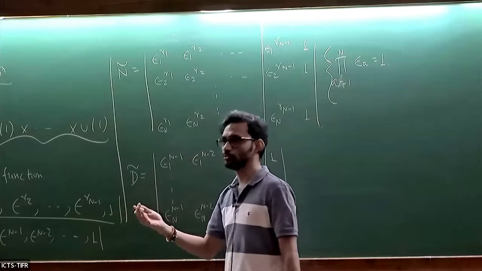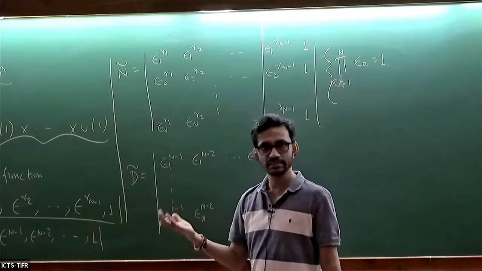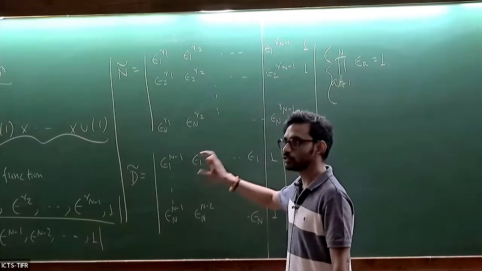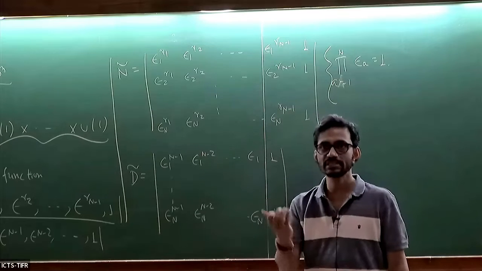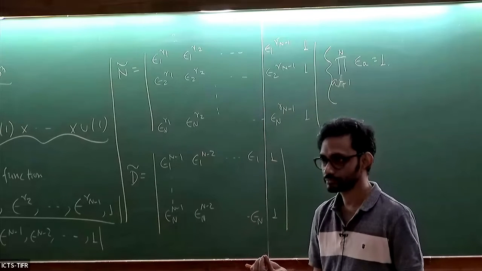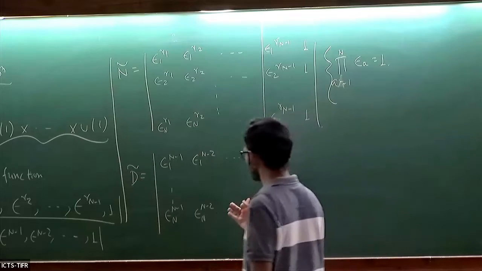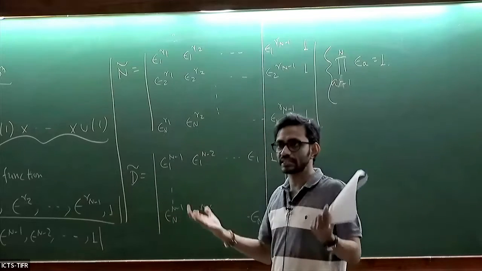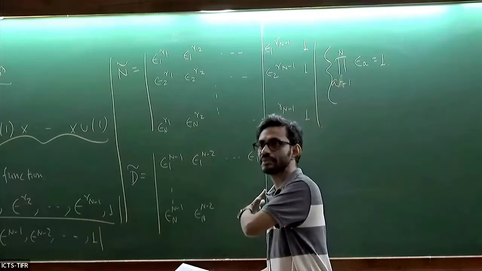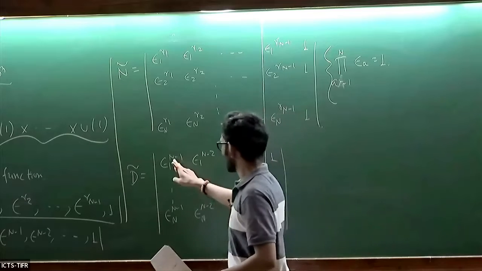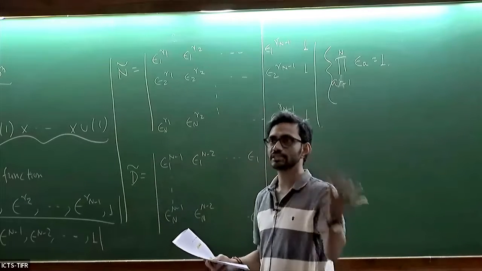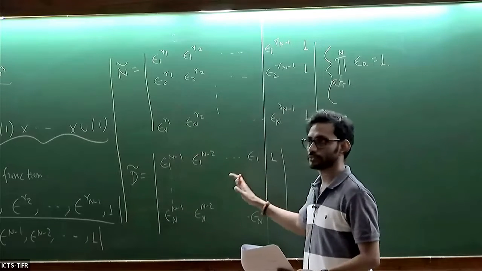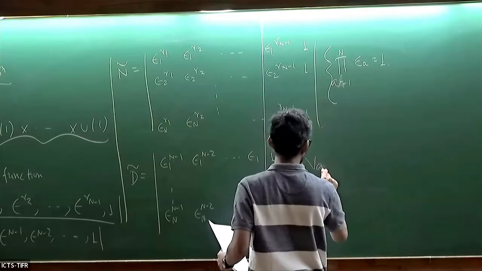For example, for SU2, this n is 2. For SU3, n is 3. So then, in this context, there is no information where the representation dependency will be reflected. Because if you think about it, the epsilons are the same whether I consider SU2 or SU3, irrespective of the representations. This n is fixed irrespective of the representations. So there is no representation dependency in the denominator. Okay, and this is called the Vandermonde determinant.